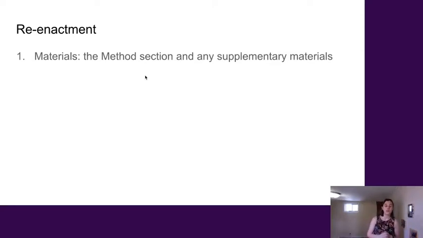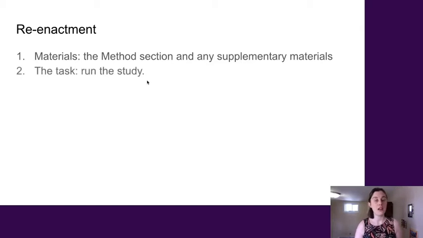The only material you probably need is the method section and any supplementary materials from a journal article. You may need some stimuli. You may choose to make them yourself, or you can do what I do and say, all right, students, one of your pieces of homework for this class is to read this paper carefully enough that you know what stimuli to make.